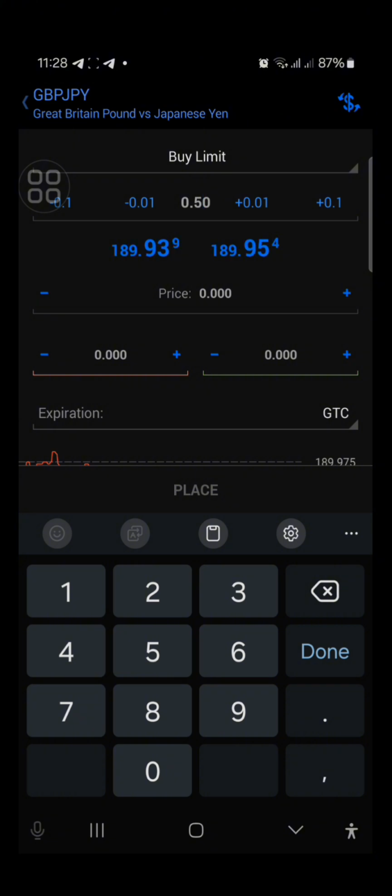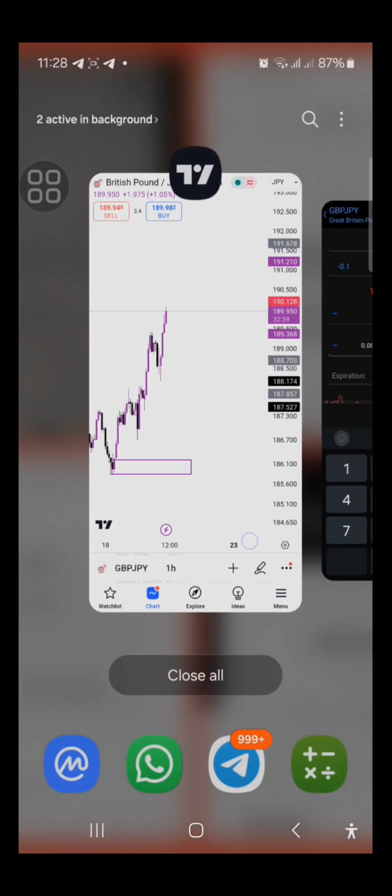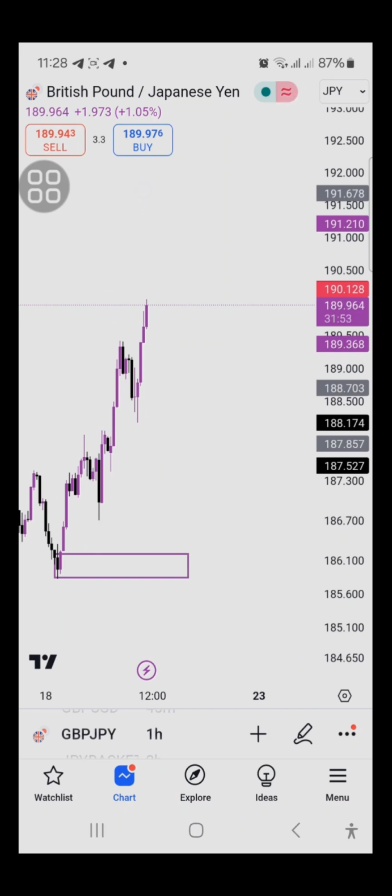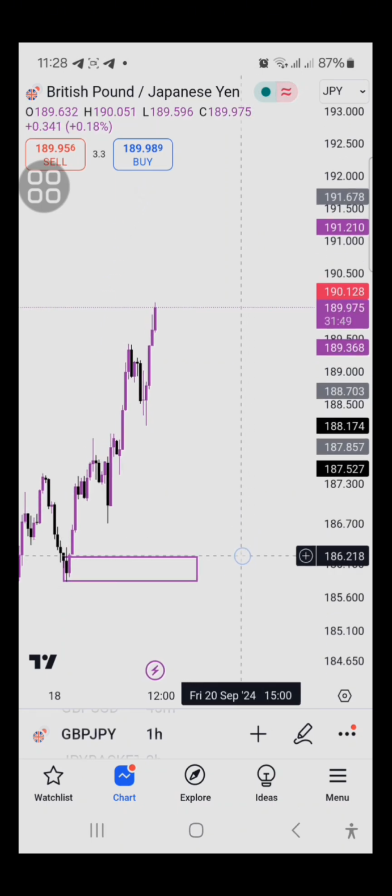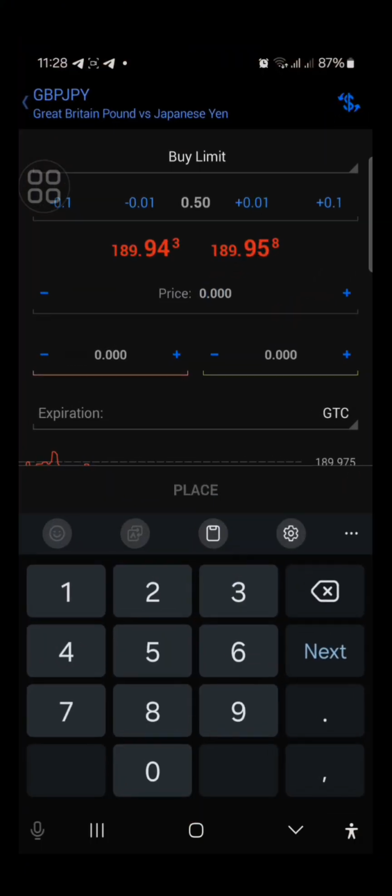Now remember, the price I want here, where it is written price, is the price I want the market to come and meet me at, which, like we said earlier, is 186.224. So that's exactly what I'm going to be inputting on my MetaTrader app, 186.224.